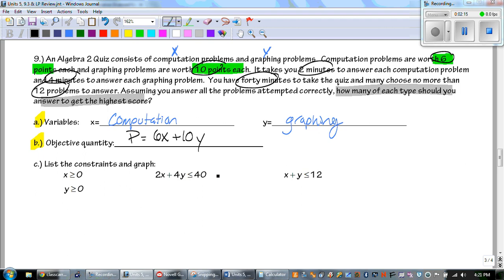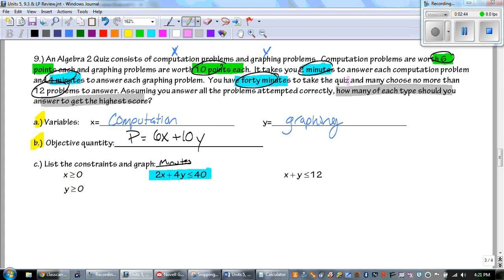Now, if you look at the constraints, they were given to us for this one, and I just kind of want to talk about where those came from. The first constraint is all about our minutes. The 2 minutes, 4 minutes, and then over here it talks about 40 minutes. So that's where we get 2x plus 4y is less than or equal to 40.